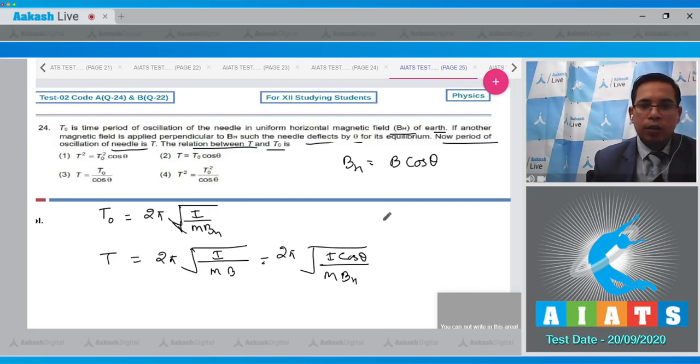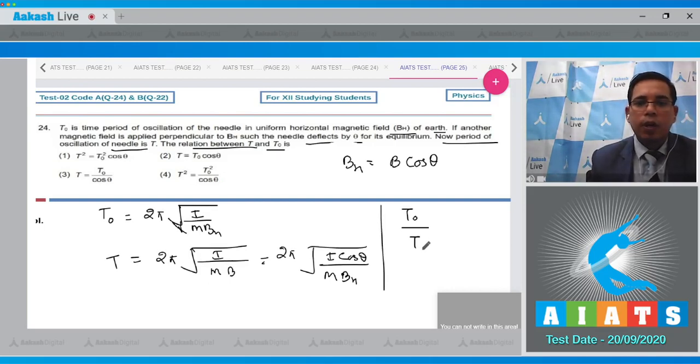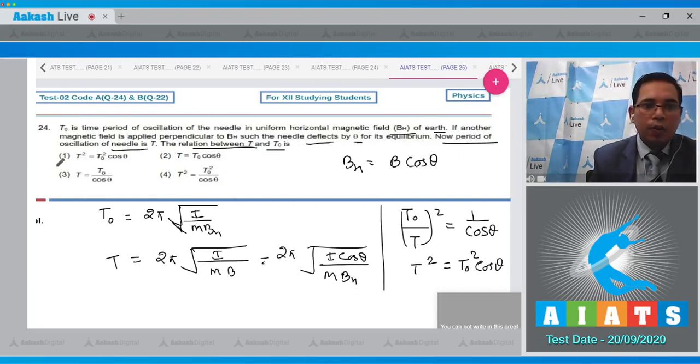Now just taking the square, T0 upon T whole square will be equal to 1 upon cos theta, so we can find T square equal to T0 square into cos theta. Hence option number 1 will be the correct answer.